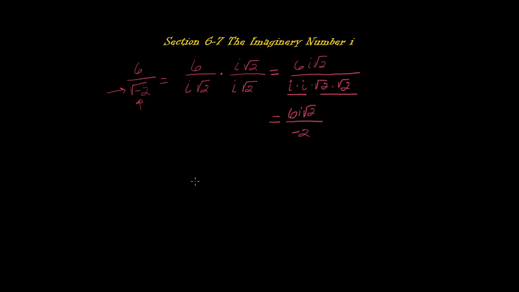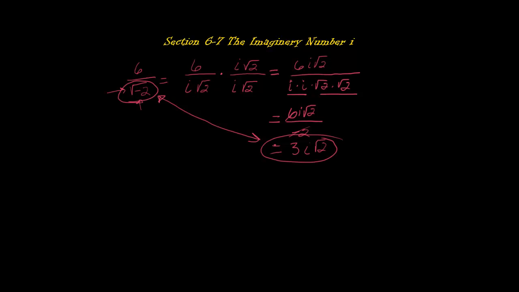Now if we continue to simplify here, be careful, negative 2 into that is equal to 3i rad 2, which is the simplification of that expression there. Again, two things. Can't have a radical in the denominator. We bring an i out. We can't have an i in the denominator.